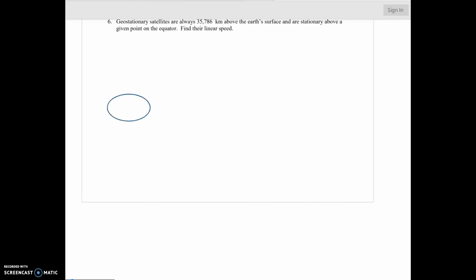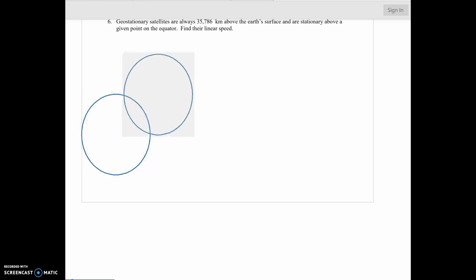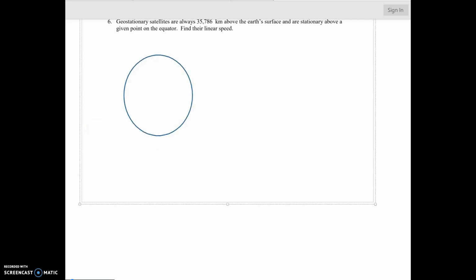So, if I want to represent the Earth, there we go. Now, I'm going to represent the equator. And if I am on the equator right here, knowing that this is the radius, the geostationary satellite will be above this point, rotating. Let's see, it's going to rotate this way.